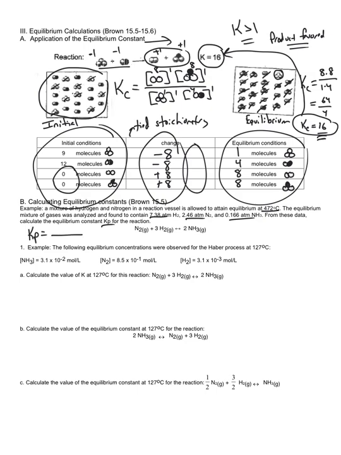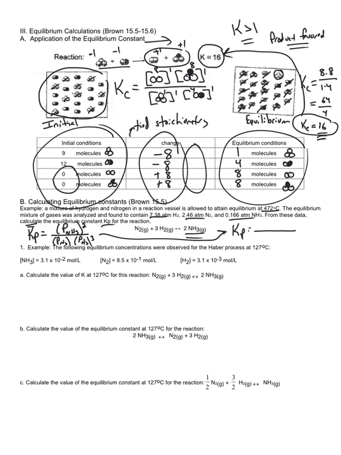To calculate a Kp, products go on top, and again, it's going to be the partial pressure of the product raised to its coefficient, over the partial pressure of nitrogen to the first, partial pressure of hydrogen to the third. That is the expression. Now, if they ask me to calculate the value, I am now going to plug and chug.